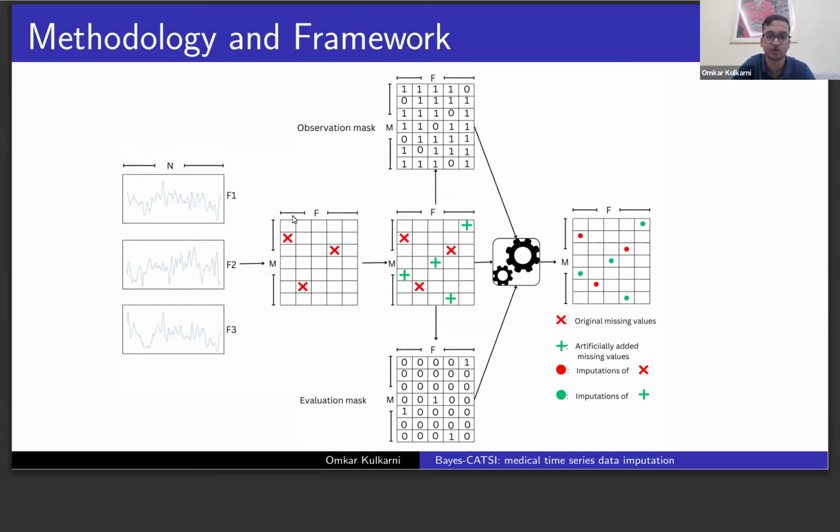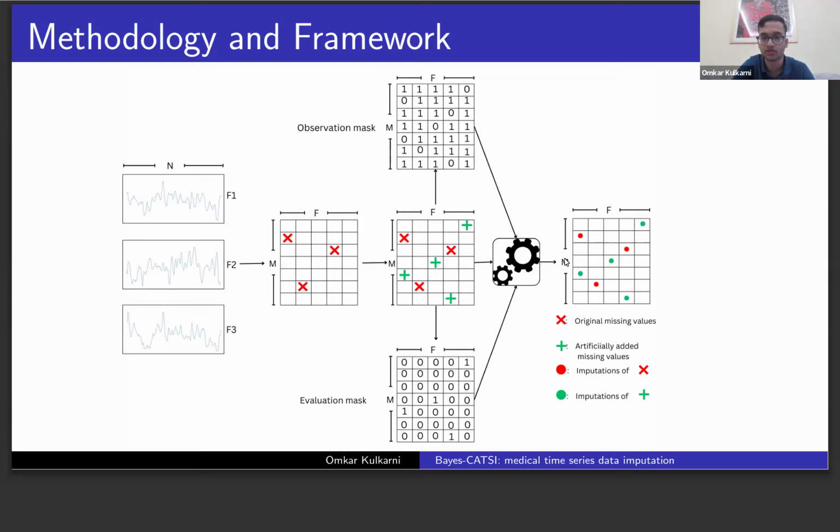rows and f columns. The red crosses here represent the ground truth missing values which are present in all these time series. We mask a few other values which are represented by green plus signs, and we then generate the observation mask and the evaluation mask.